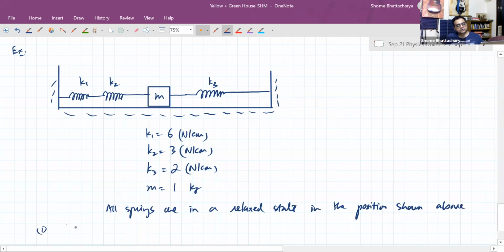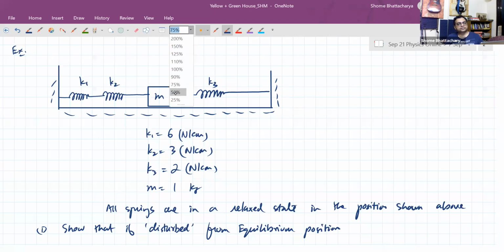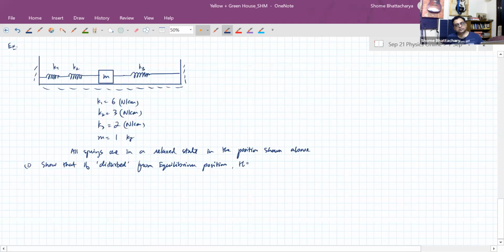Firstly, what we have to do is show that if disturbed from the equilibrium position, the block will perform SHM, and find its time period.